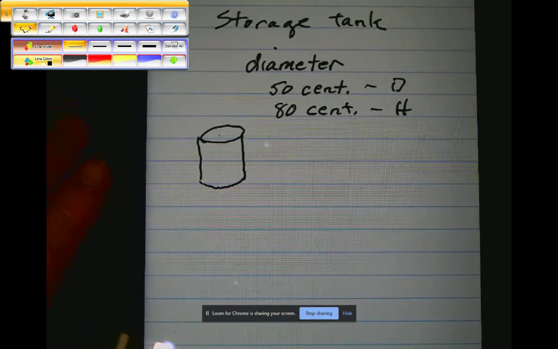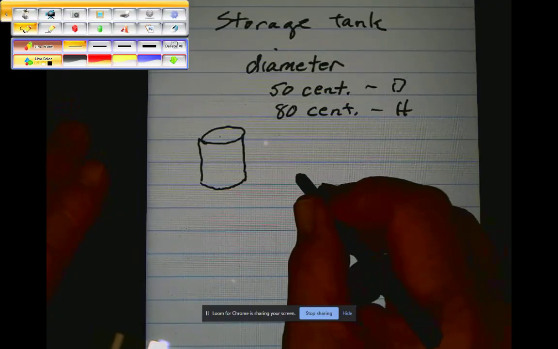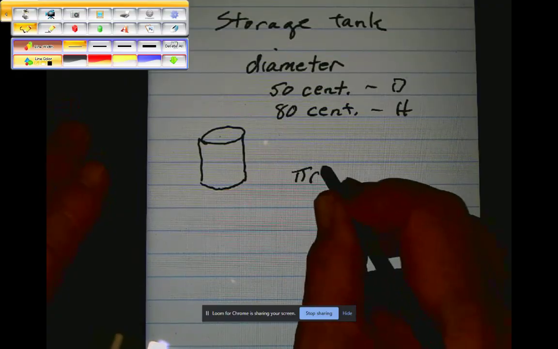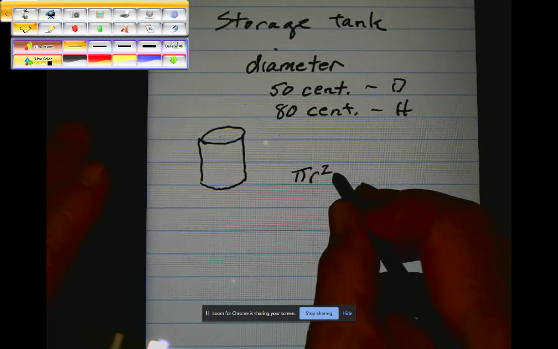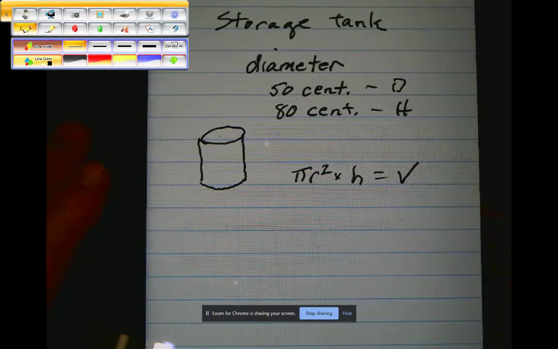So we should be able to take the area of a circle, pi r squared, and multiply that by the height to get the volume.